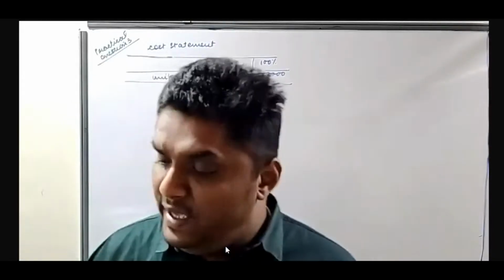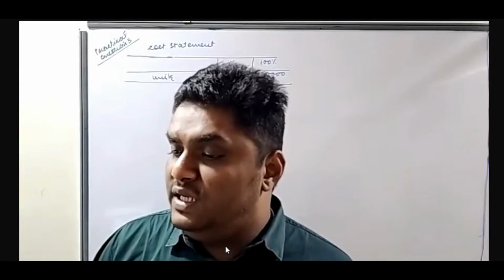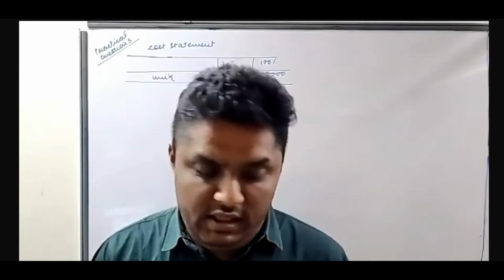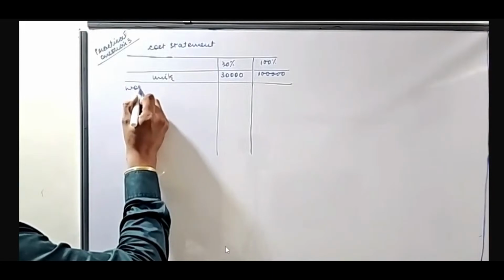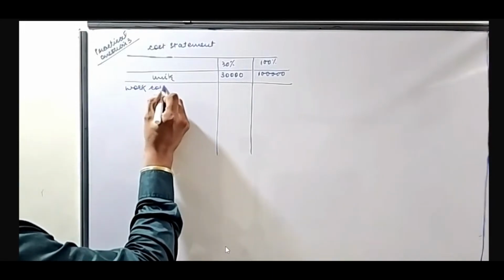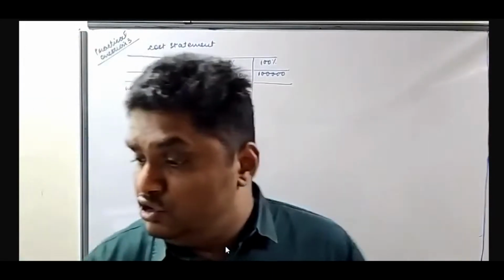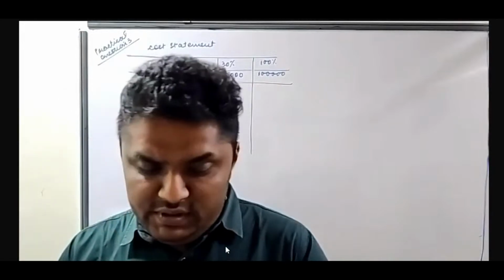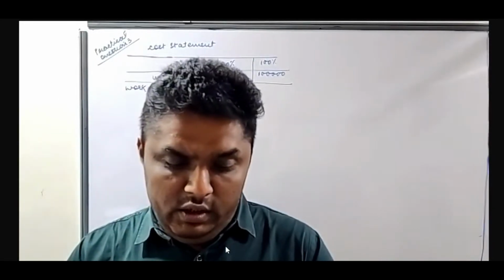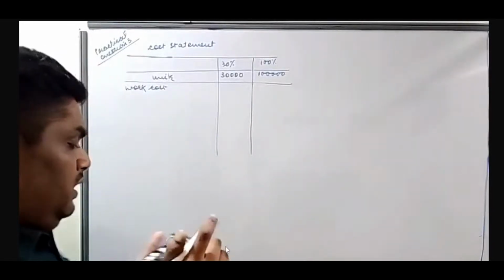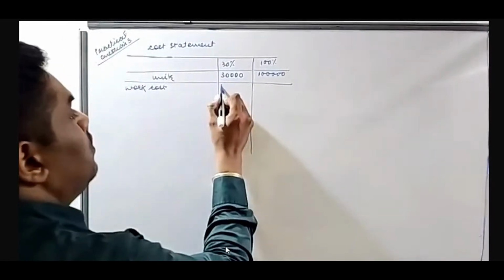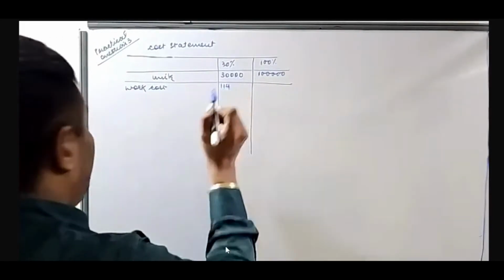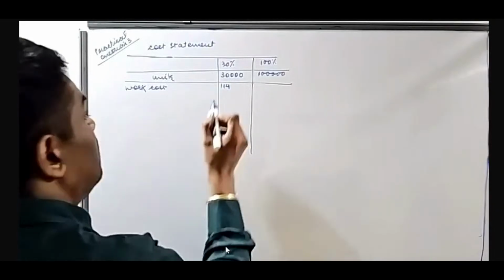Now let's check the main question that at 30% capacity level, my cost is 380. So my work cost is 380 at 30% capacity. So 380 into 30,000. So this will be 1 crore 14 lakh.